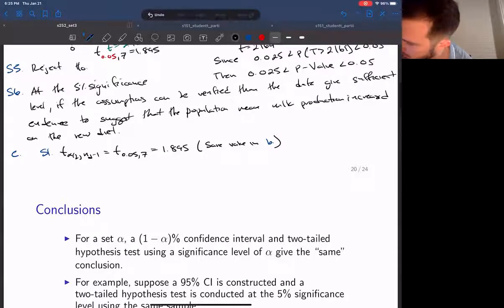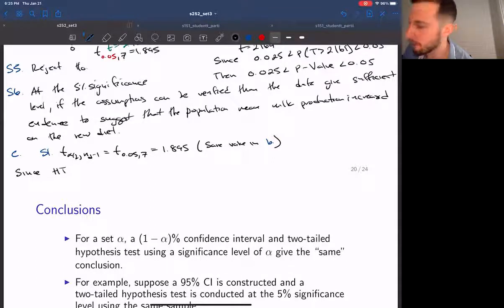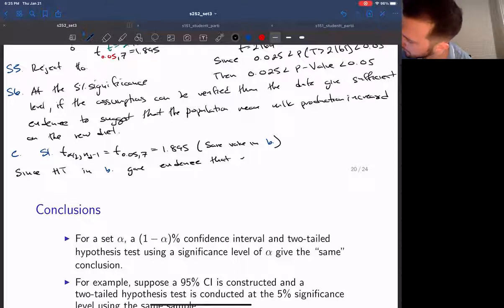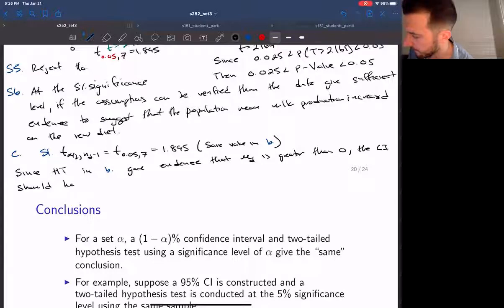Okay, so since the hypothesis test in B gave evidence that mu D is greater than 0, the CI should have 2 bounds greater than 0.